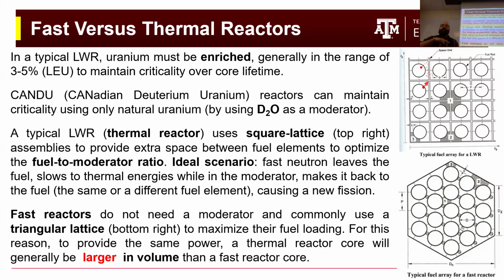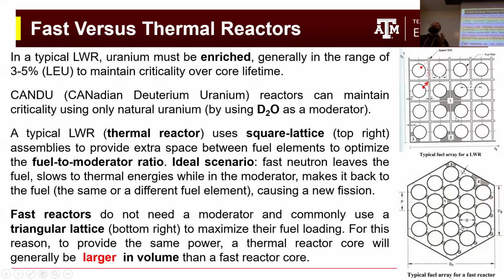If you have only fuel, then you're never going to get your neutrons moderated. So the fuel to moderator ratio is an optimization parameter for a thermal reactor. And like we were saying, the ideal scenario is what I was illustrating here: you have a fast neutron that's born from fission, slows down in the moderator, meets another fuel pin, and fissions.